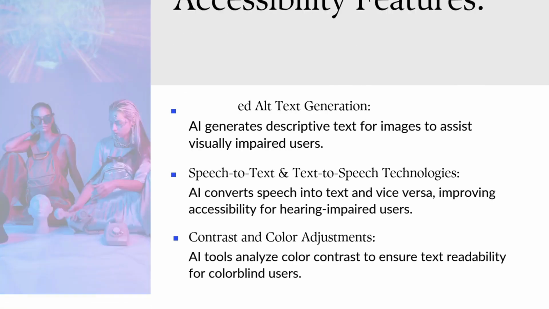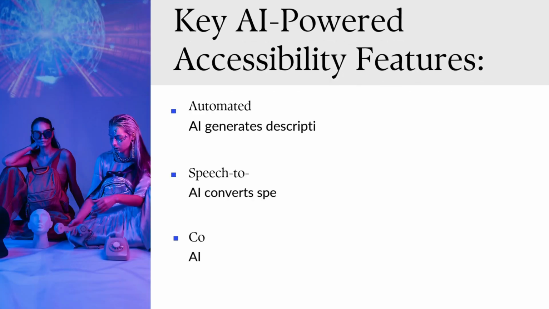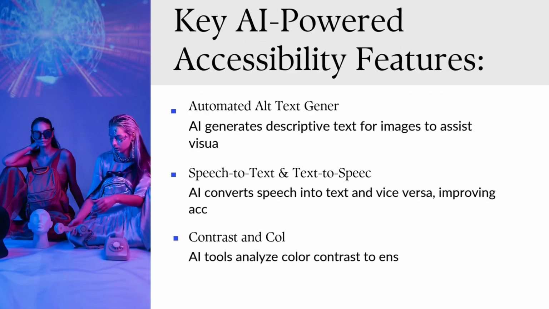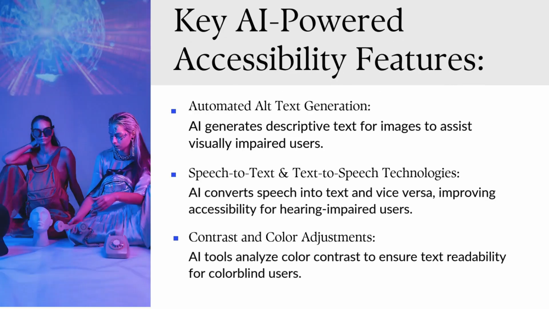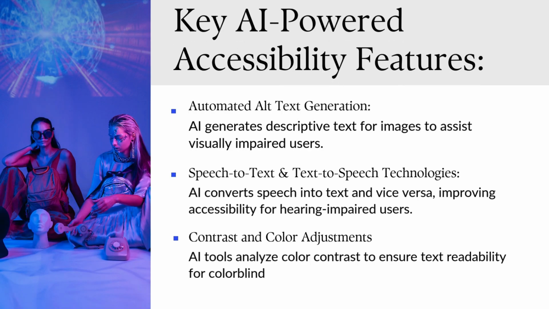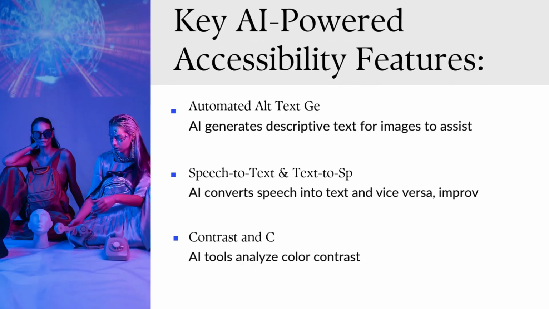First, we have what we call the automated ALT text generation. With this, AI generates descriptive text for images in order to assist visually impaired users.